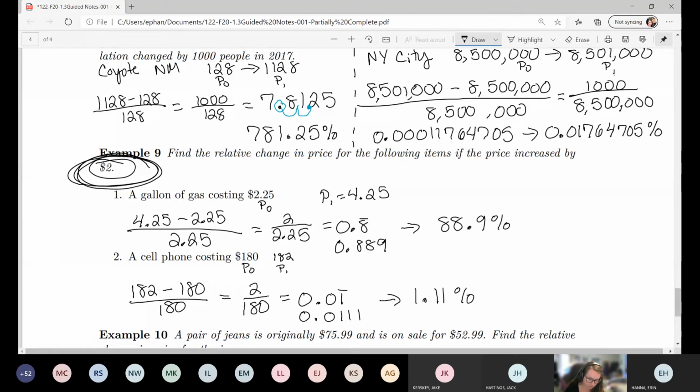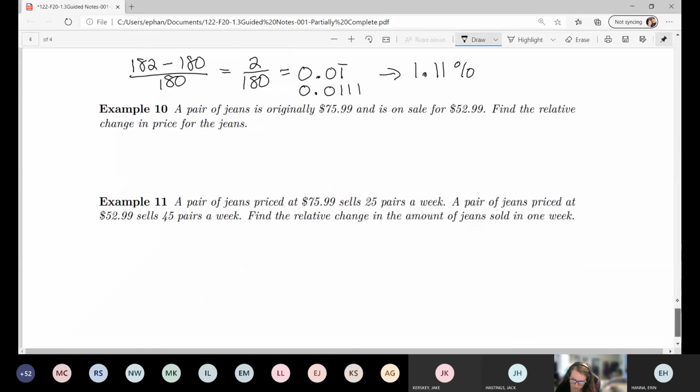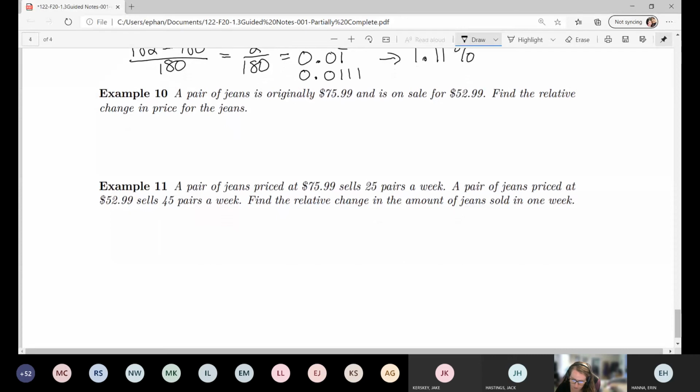So wait a few seconds to see if there's questions. I'd like you guys to try these last 2 examples on your own. I'm going to give you 4 minutes.